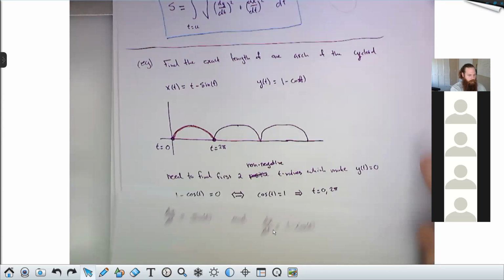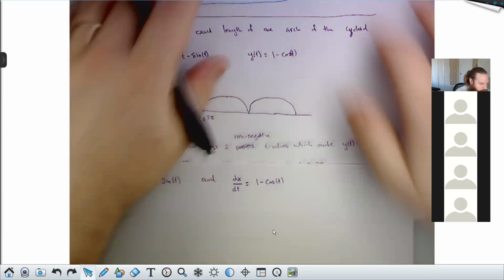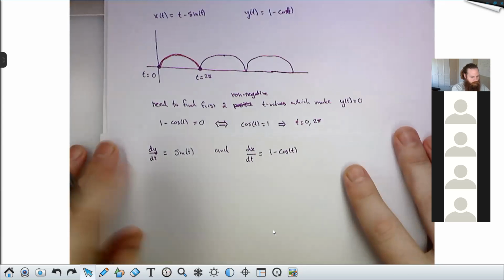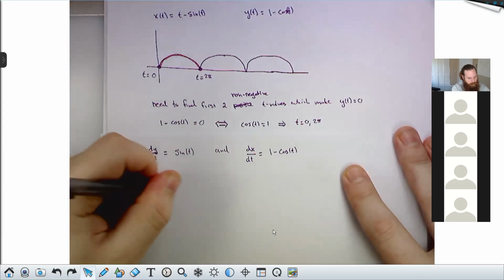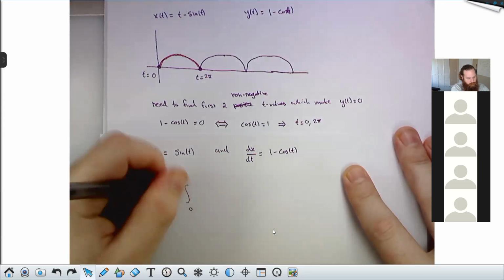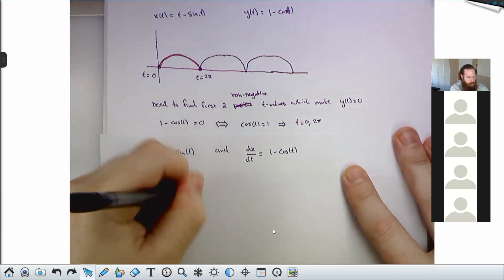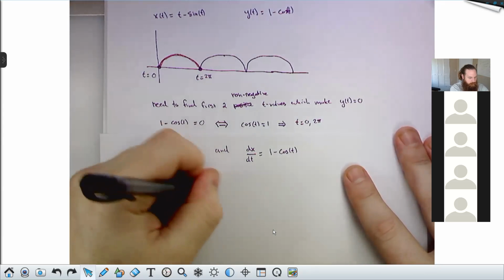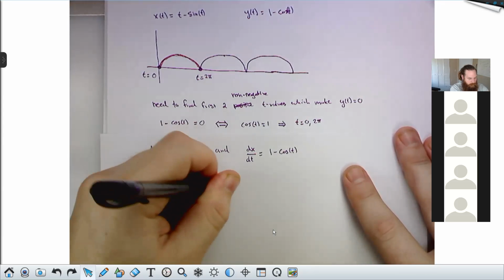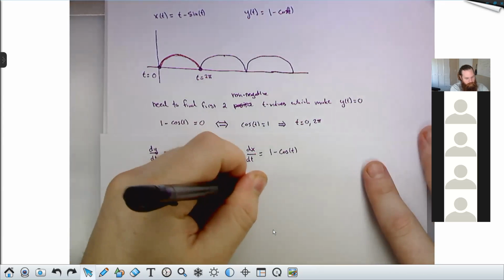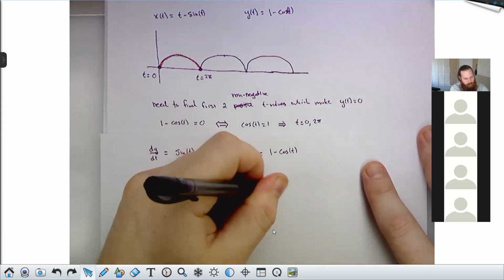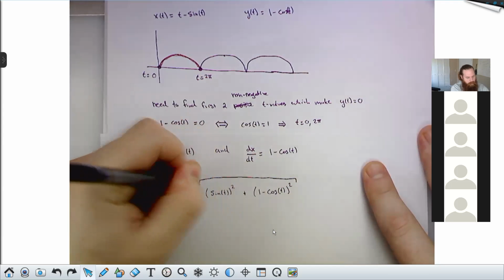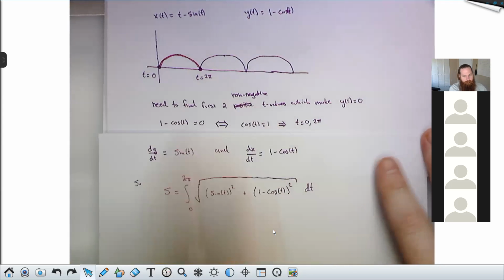So my arc length S is the integral from 0 to 2 pi of the square root of dy dt squared, which is sine t all squared, plus dx dt squared, which is 1 minus cos t all squared, dt.